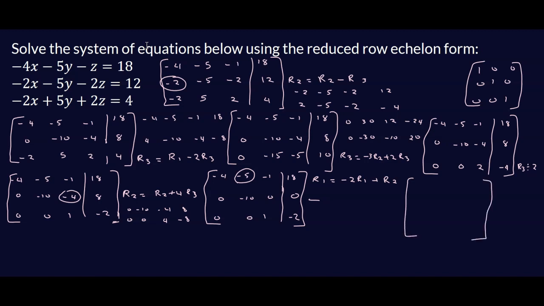So let's go ahead and plug in the values for rows 2 and 3. We have 0, -10, 0, and then we have 0 here, 0, 0, 1, -2. Okay, so -2 row 1 is going to be 8, 10, 2, -36.